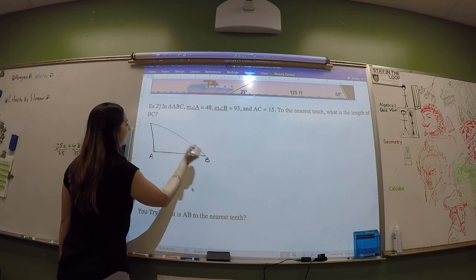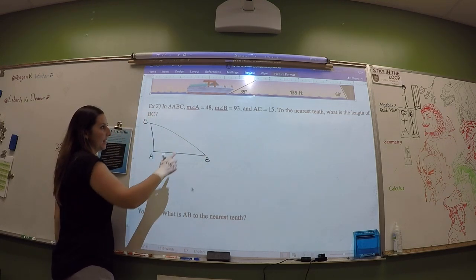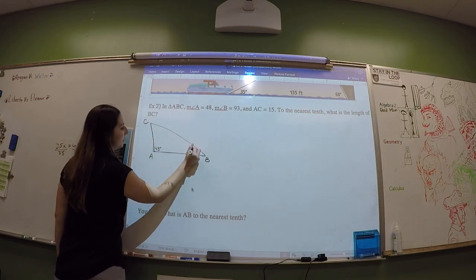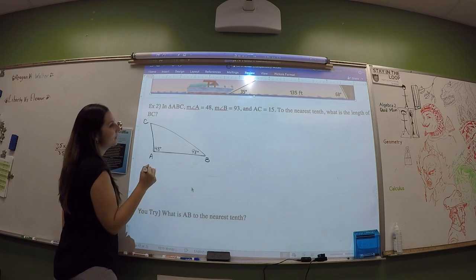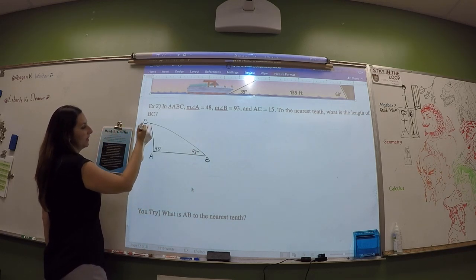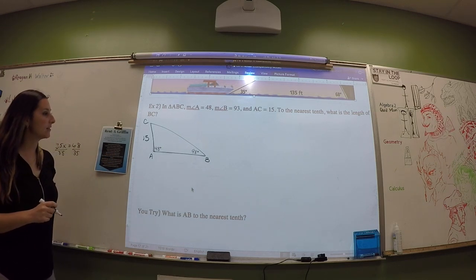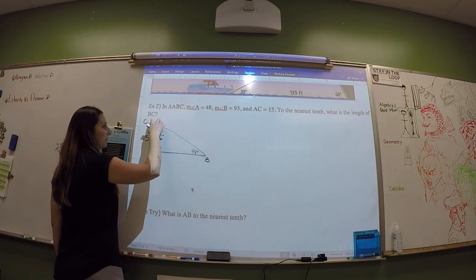A, B, C. It says angle A is 48. Angle B is 93. AC is 15. And we want to know what is the length of BC. This is BC.